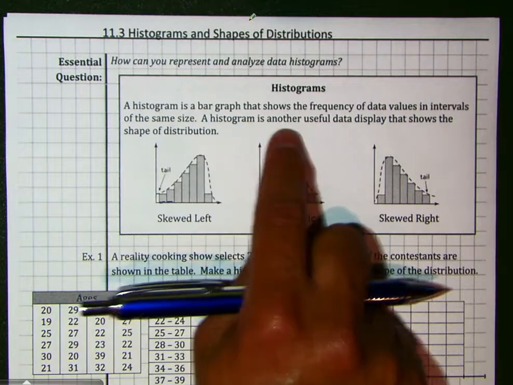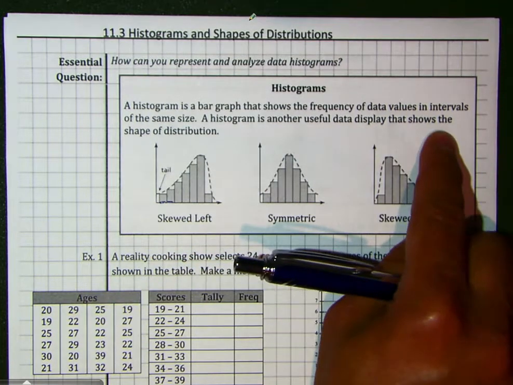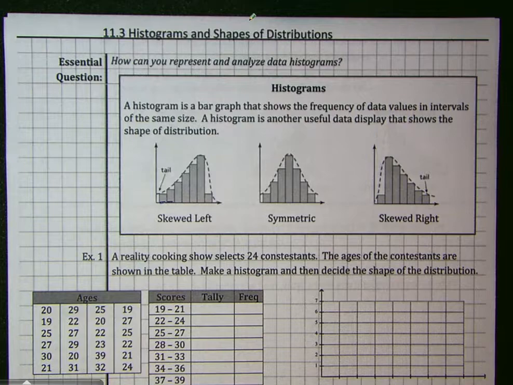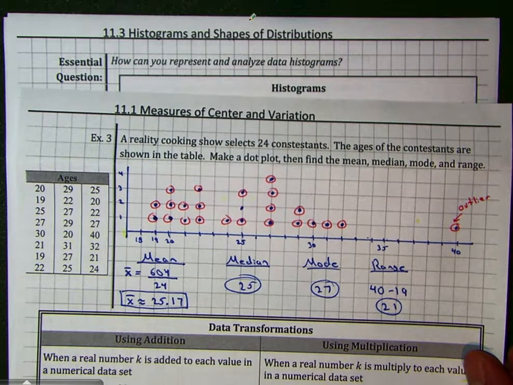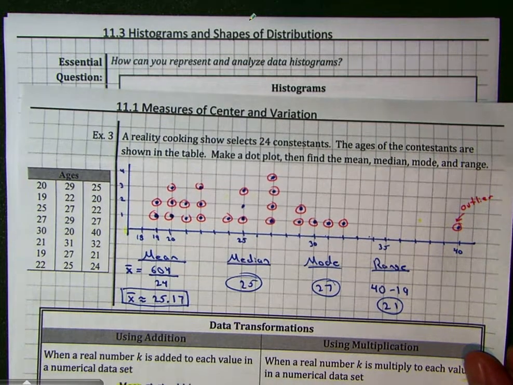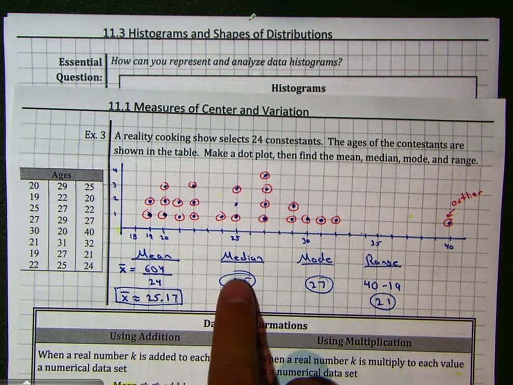A histogram is another useful data display that shows the shapes of the distribution. If you remember, in section 11.1 we used a dot plot to represent and analyze the data, and then we calculated the mean, median, mode, and the range.